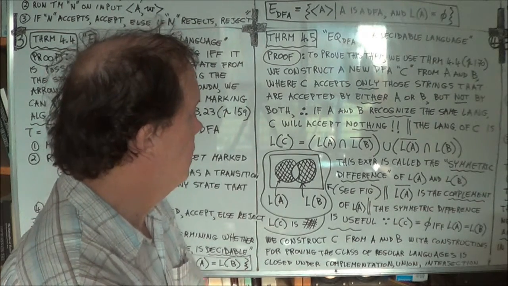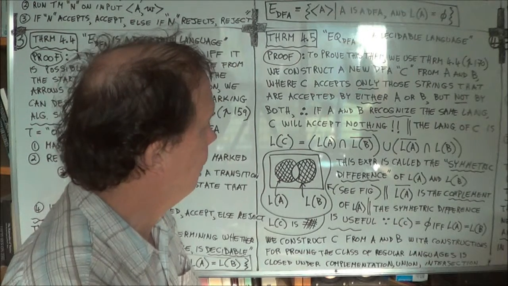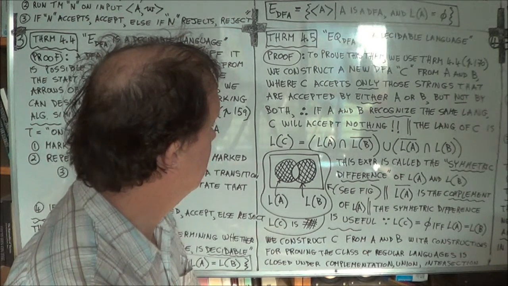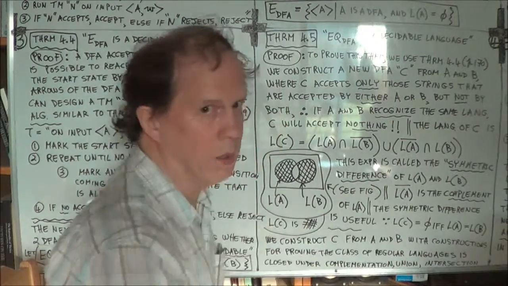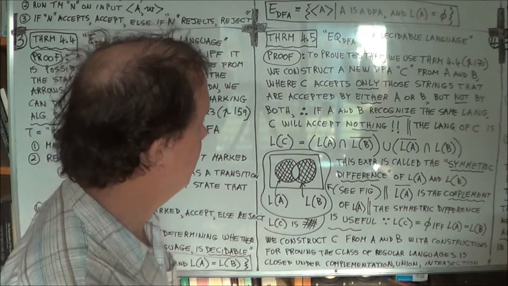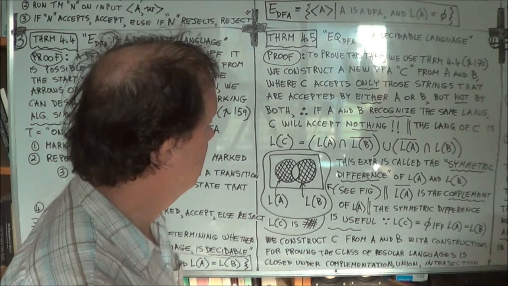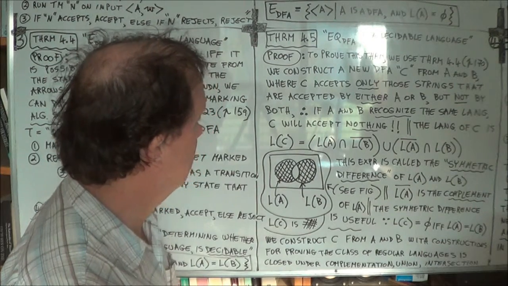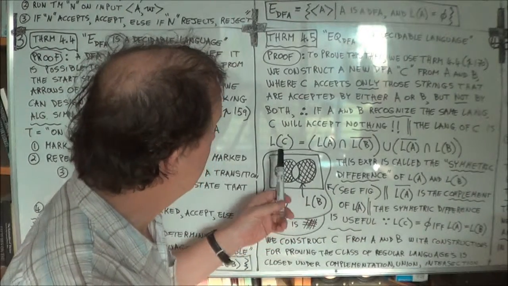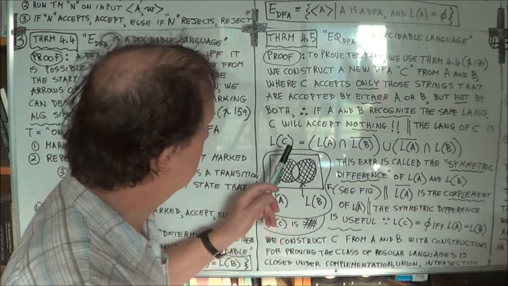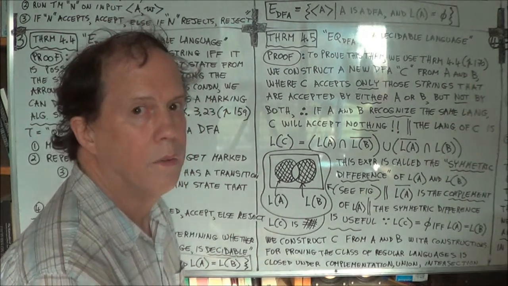Alright. Now what is the language of C? It's this, and here it is in symbolic logic form. A language is a set, just a set of strings. So what set of strings will this DFA C recognize?